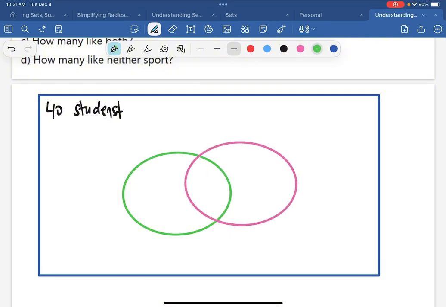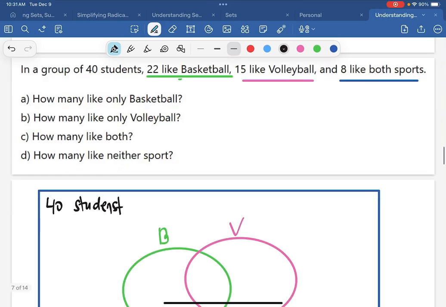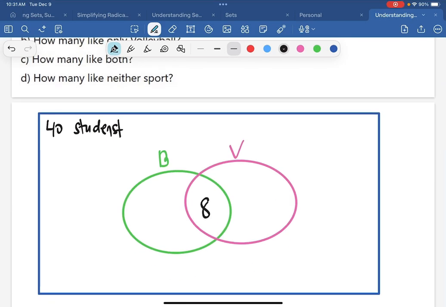Basketball and volleyball. Again, you go over first to the intersection. So based on this, the intersection or the number of elements in the intersection area is 8. So we got here 8.